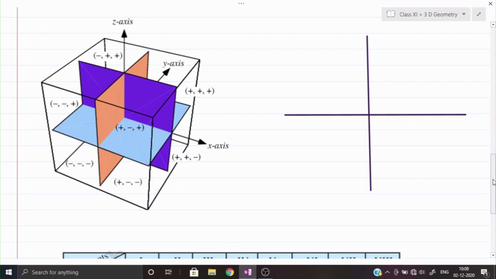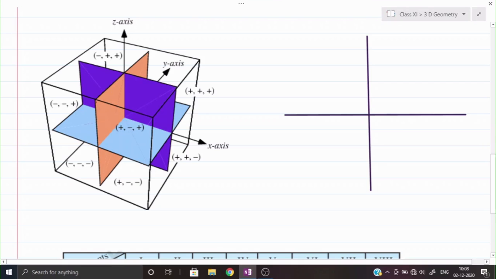Now you observe, the whole three-dimensional plane is divided into how many parts? The Cartesian plane was divided into four quadrants, but here the situation is different. If you look at the view of your house, it will look like a room.